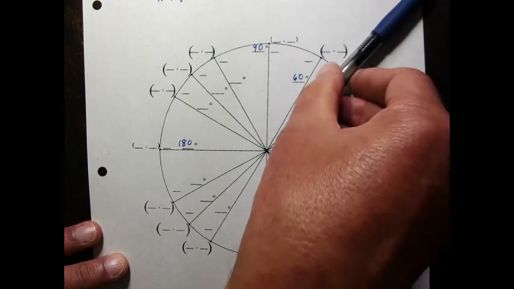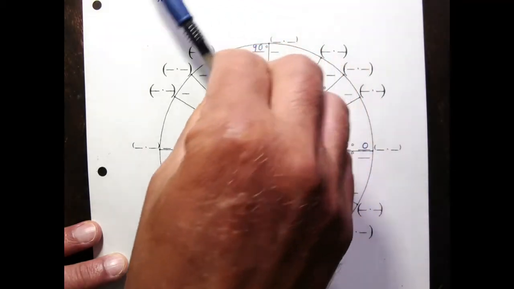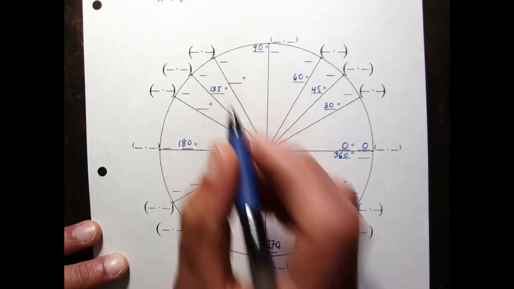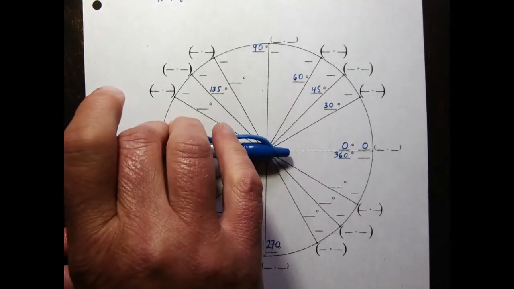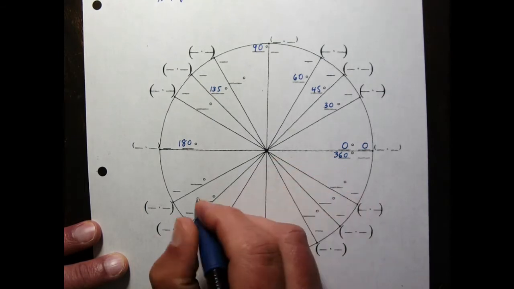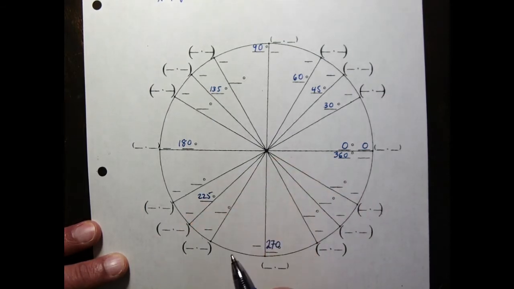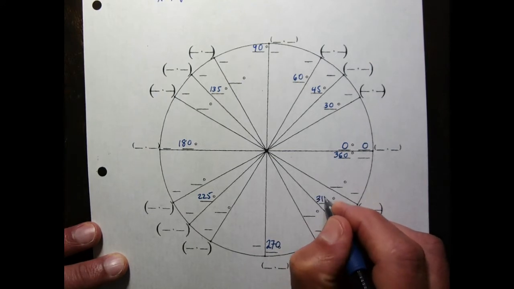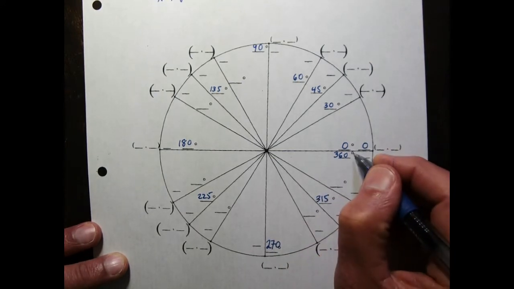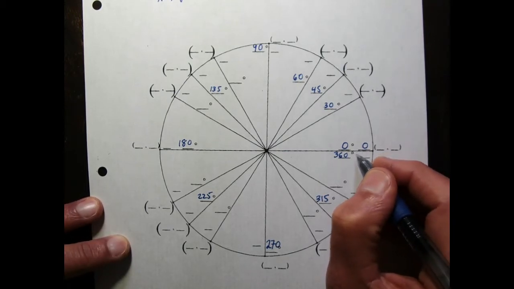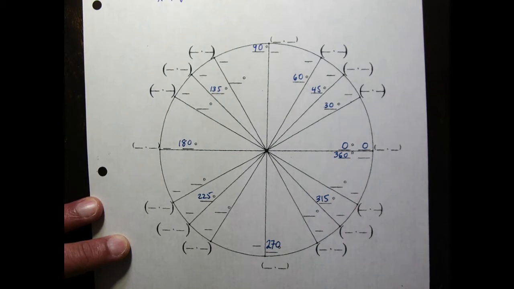Watch this. 45 degrees, 2 times 45 is 90. 3 times 45 is 135 degrees, which is going to go here. 4 times 45 is 180. 5 times 45, 180 plus 45 is 225 degrees, plus another 45 is 270, plus another 45 is 315 degrees, plus another 45 is going to take me back to the positive x-axis and 360.